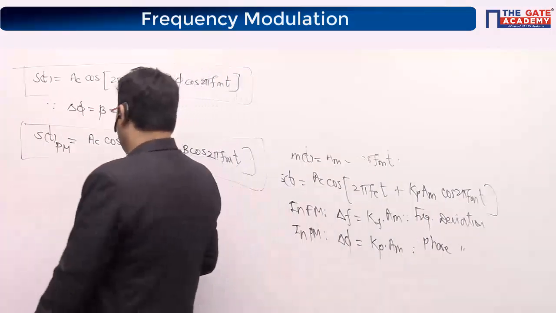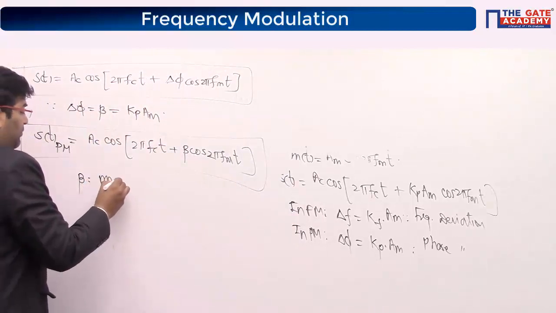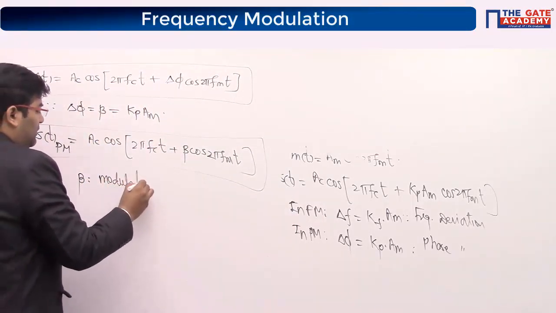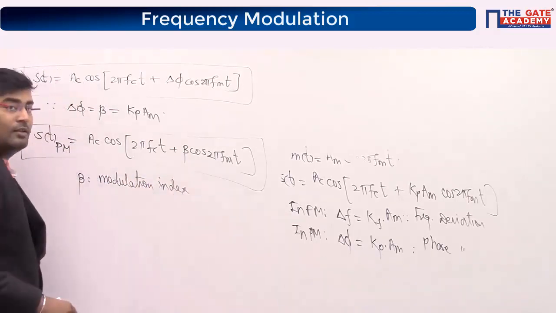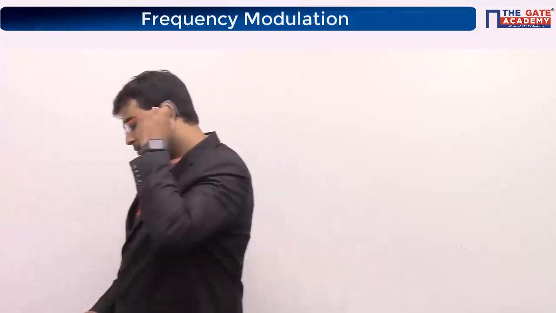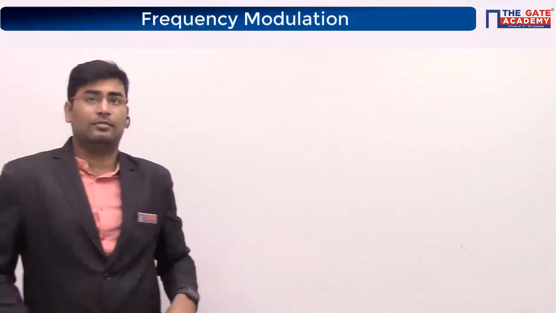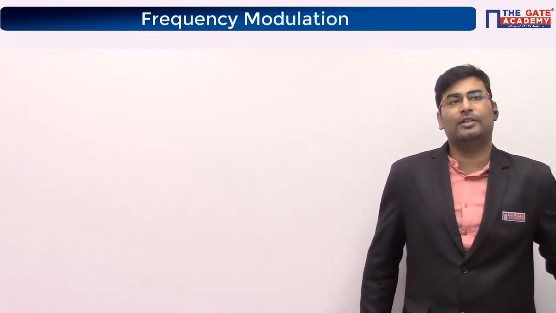Now what is beta? Beta is the modulation index. Same. Okay, so I read your responses, guys.